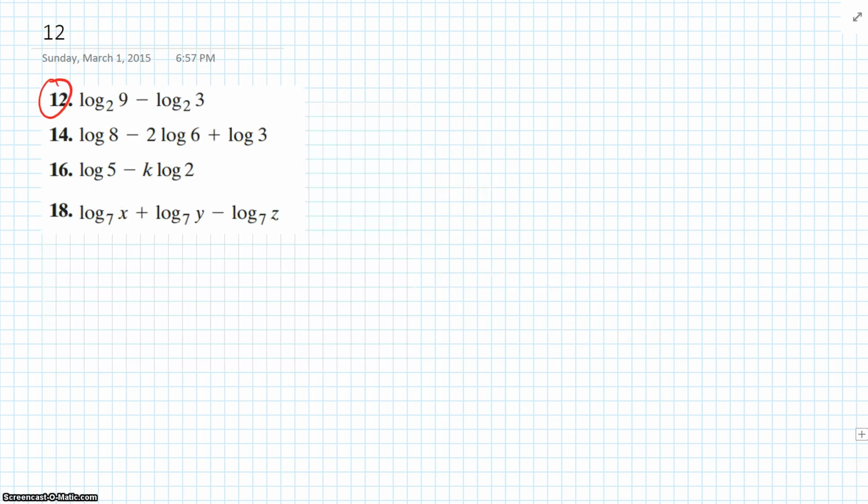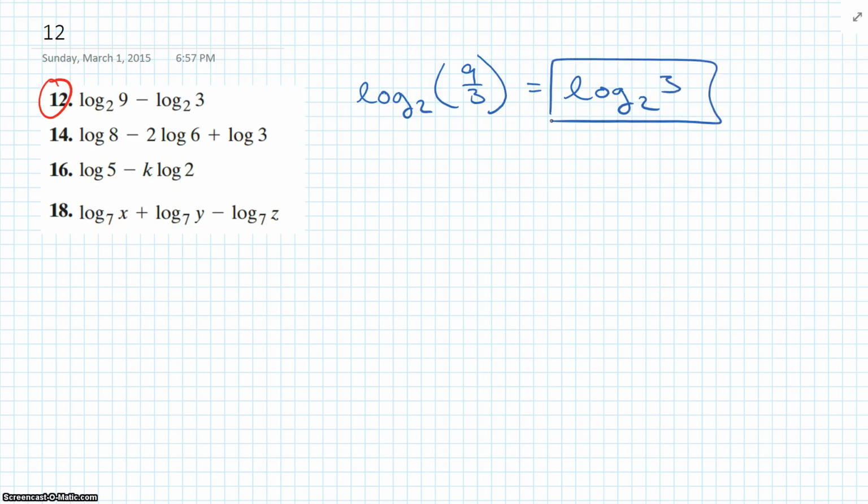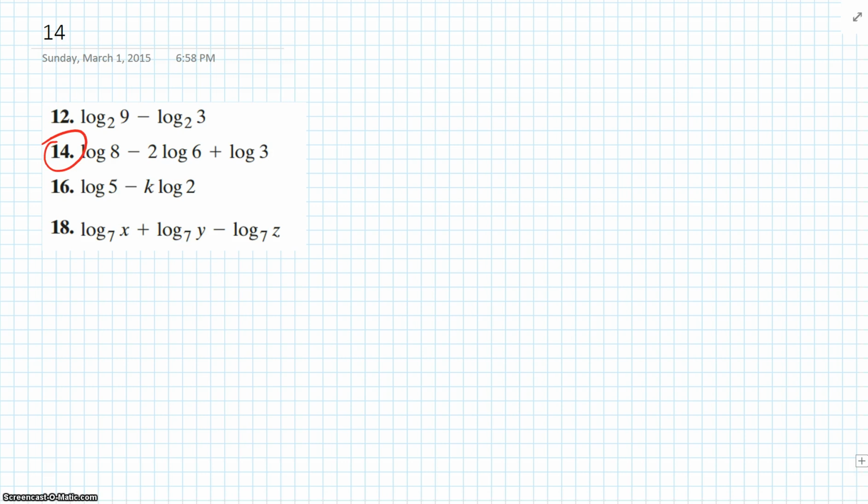Number 12. We can use the quotient property and rewrite this as log base 2 of 9 divided by 3, which would be log base 2 of 3. Number 14. Okay, first, let's use the power property.